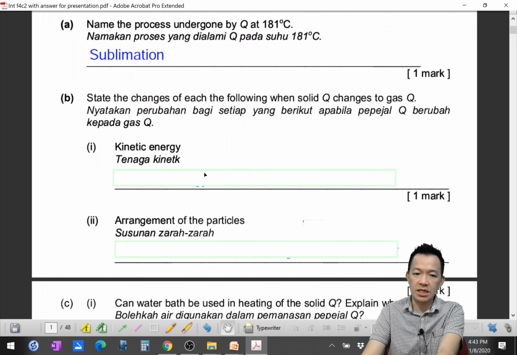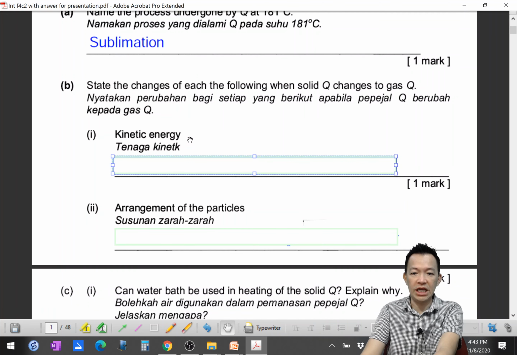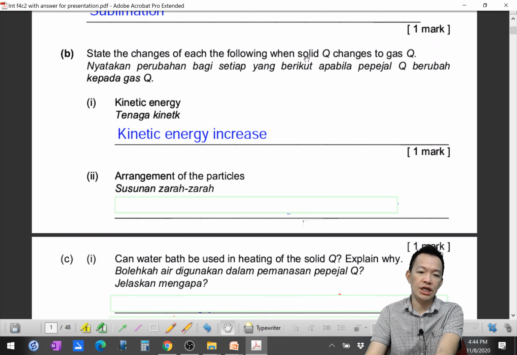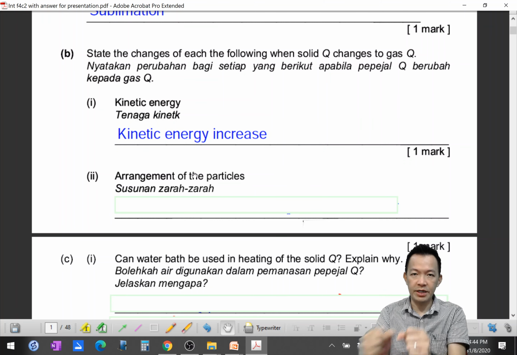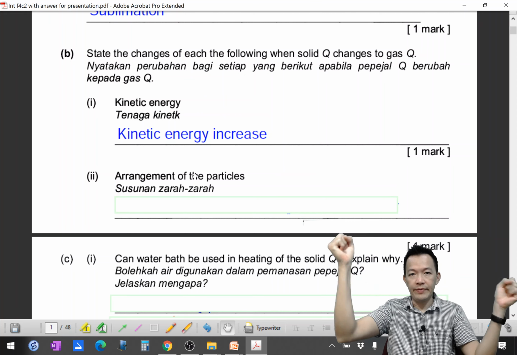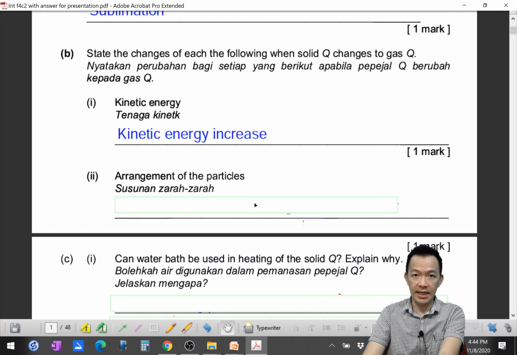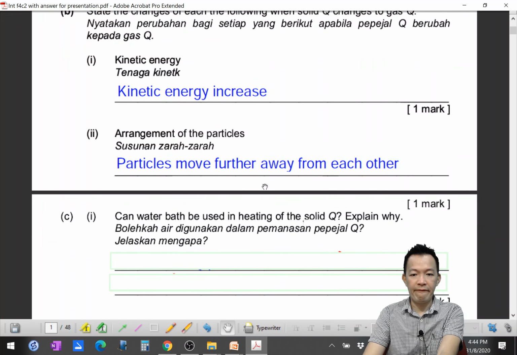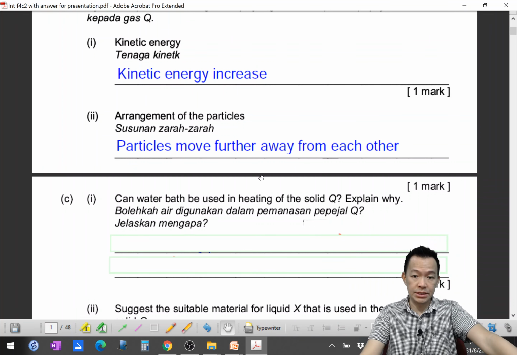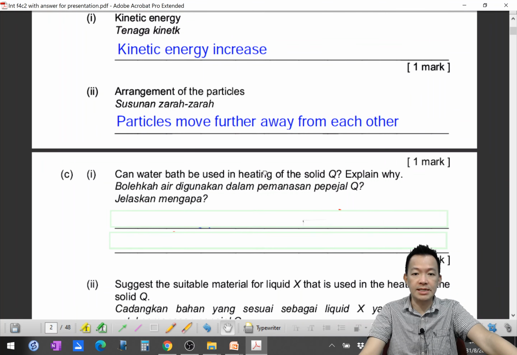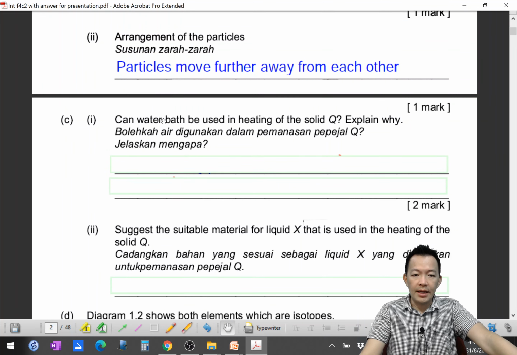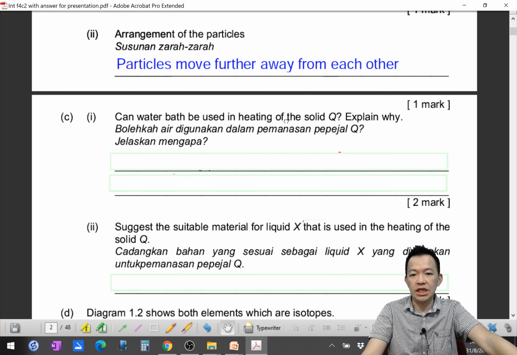What happened to the kinetic energy of the solid Q when it changes to gas Q? The kinetic energy must be increased, 增加. And the arrangement of the particles. So when solid becomes gas, 当固体变成气体的时候 the distance between the particles will be increased, 对不对？So particles move further from each other. 它们会越来越远，远离彼此。Normally 这个你很少会错。Can a water bath be used in heating the solid Q?